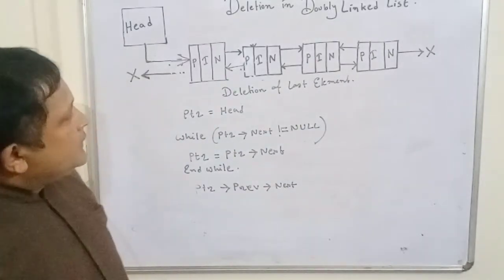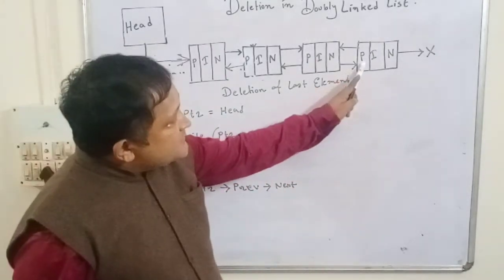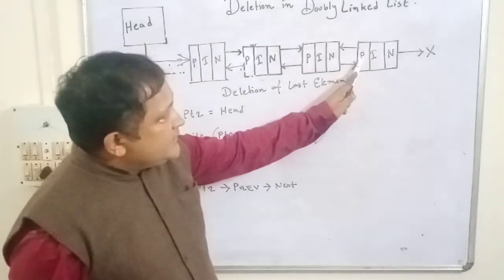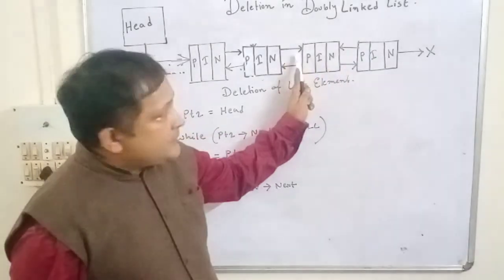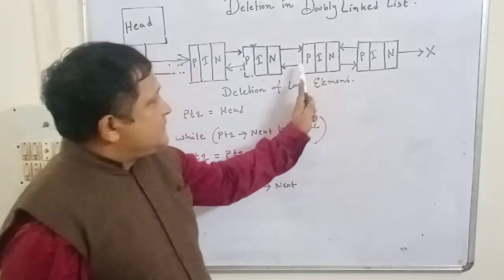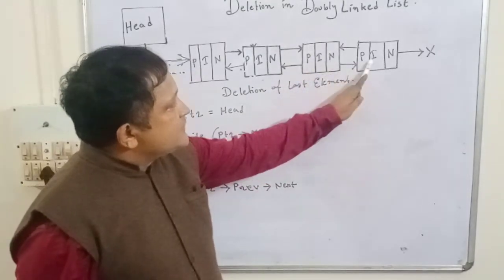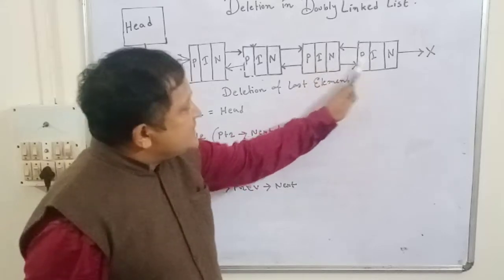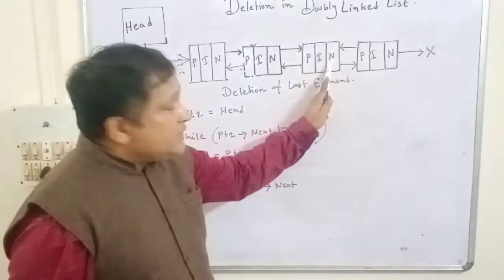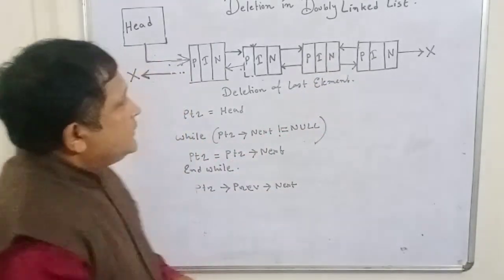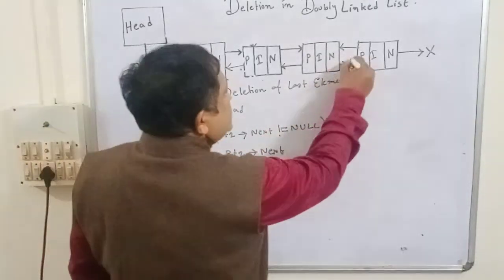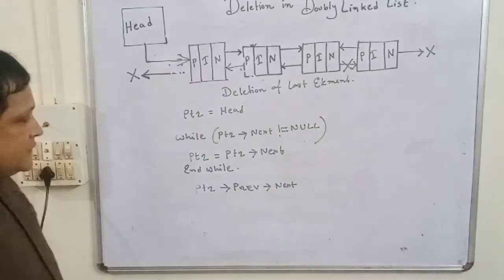Okay. Whose previous pointer is this one, that is containing the address of this second last node. The next part of the second last node is this next, that is holding the address of this node. When this next is storing null, what will happen? This connectivity will be removed. So equal to null.